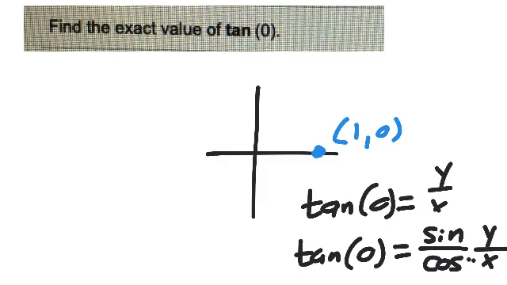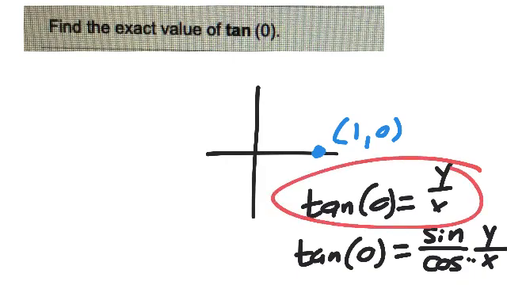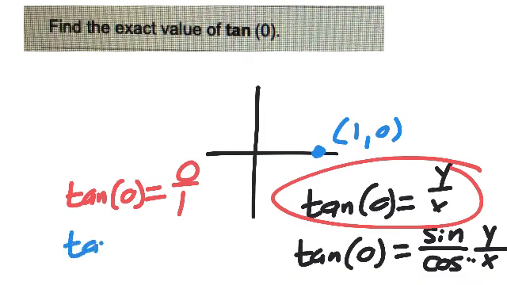I have to do one more step just because I don't have this memorized. I should, but I don't. But this is basically the same thing I'm using here. When I plug that in, the y value is 0 and the x value is 1. 0 over 1 simplifies to 0. So tangent of 0 is 0.